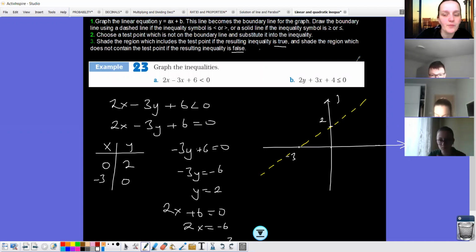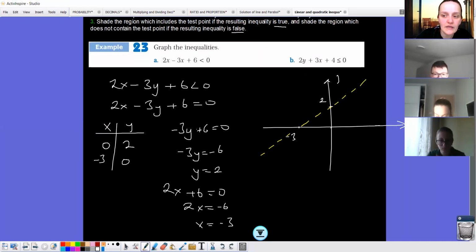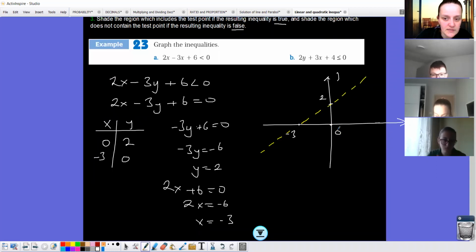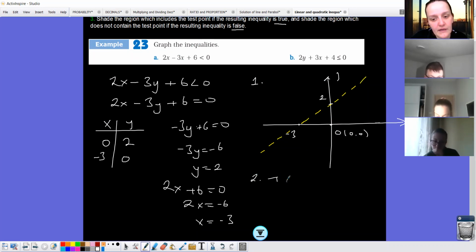Second step, choose a test point. I will choose here, as you can see, this is the 0, the point 0, 0. Why? Because it's easier for me. You can choose anything. Now I'm taking the inequality and the point 0, 0.